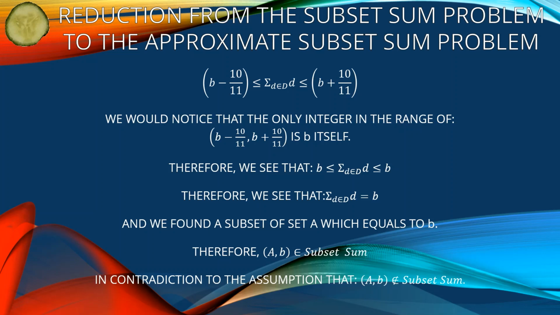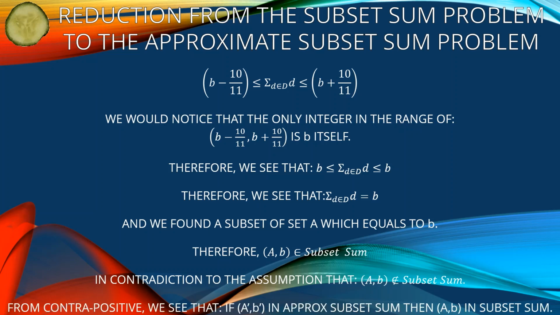And we found the subset of set A which equals b. Therefore, A and b is indeed in subset sum, in contradiction to the assumption that A, b is not in subset sum. From contrapositive, we see that if A prime, b prime is in Approx Subset Sum, then A, b is in subset sum.